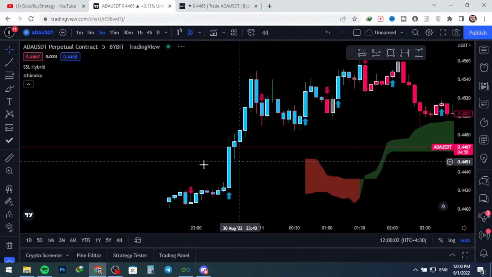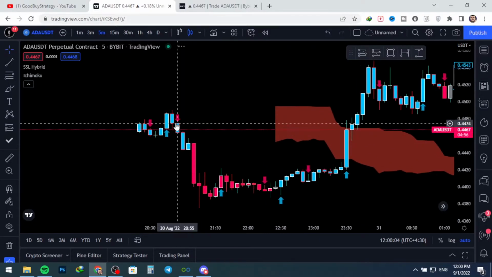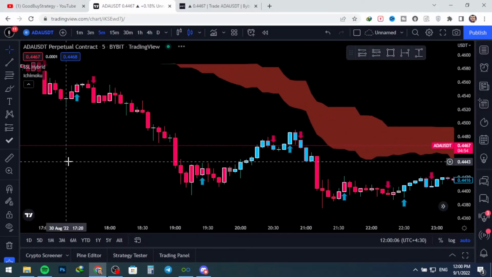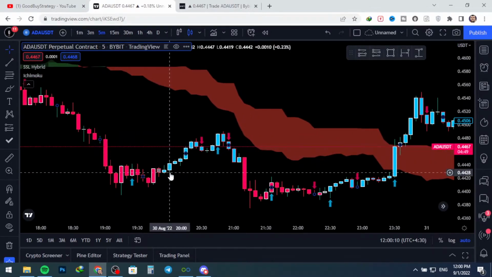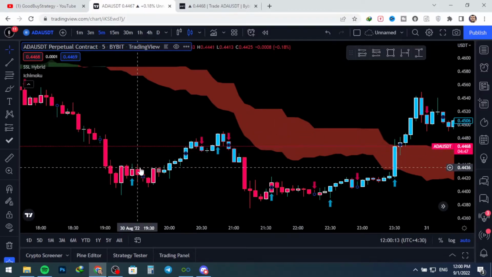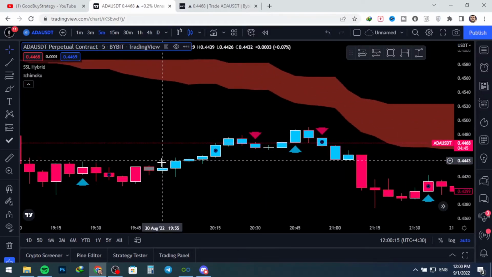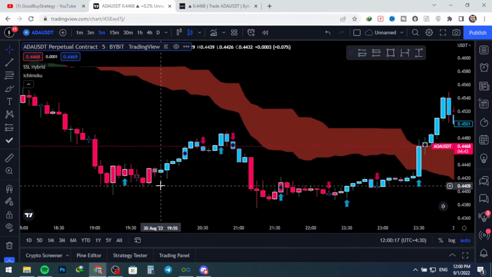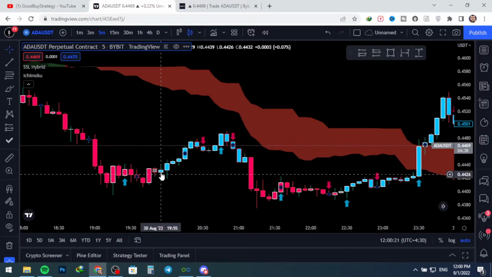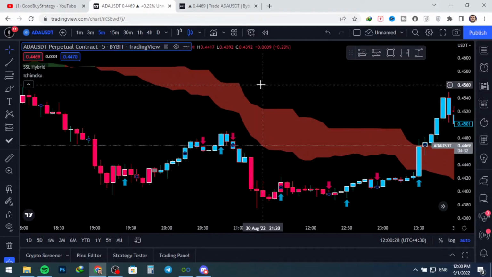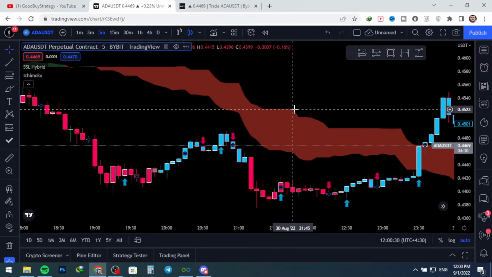For example here, the candles are red or gray, and here is the first blue candle.